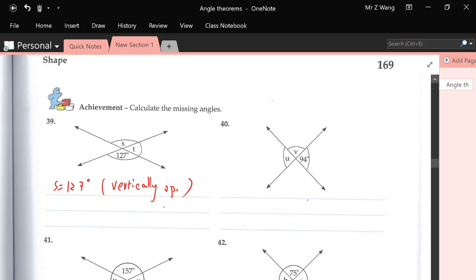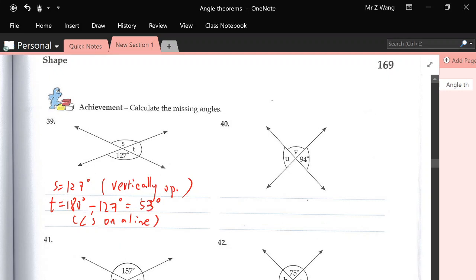This is enough. And then how to figure out T? You see S and T, they share one straight line, right? So T is 180 minus 127, which is 53 degrees. Now, again, you have to write the reasoning. Angles on a line, right? I hope this makes sense.